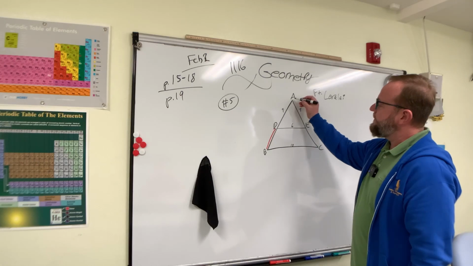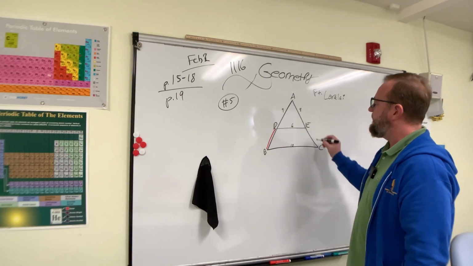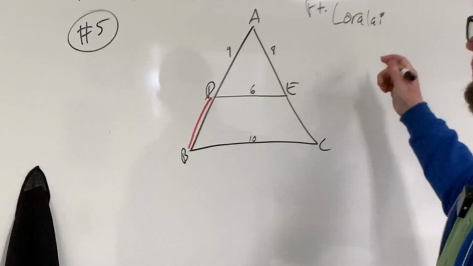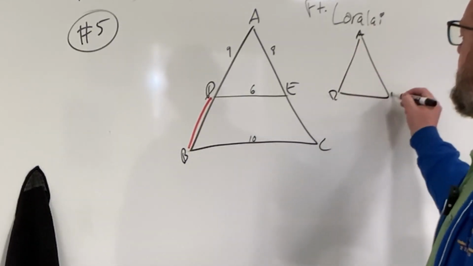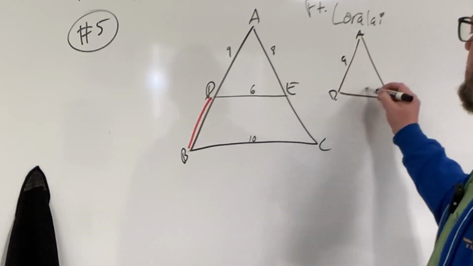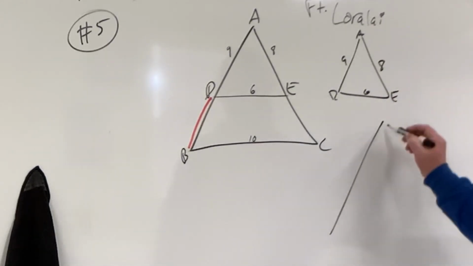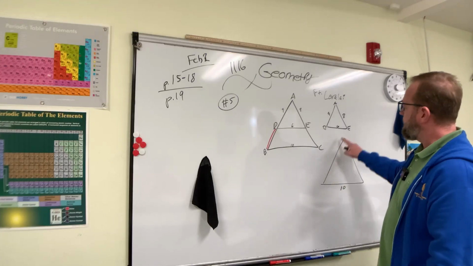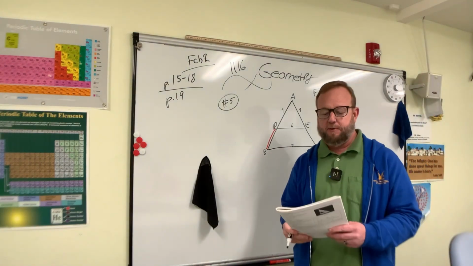If we're starting with this nice big triangle here, ABC, this is a separate triangle that could potentially exist separately as ADE with 9, 6, and 8 for its sides. And then I have a larger triangle and I only know 10. I don't know these sides because that's actually what we're ultimately going to be finding.